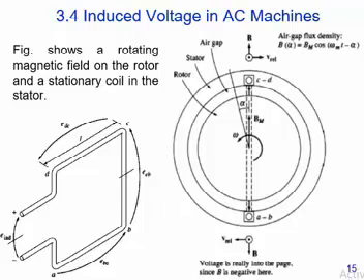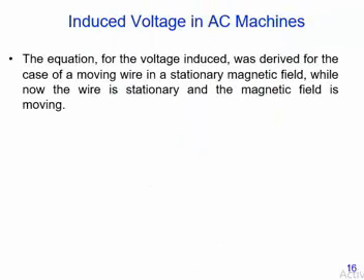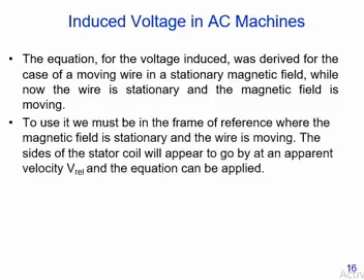In this case, we know that in the previous case we derived the equation for voltage induced for the case of a moving wire, where we had a stationary magnetic field, but now the wire is stationary while the magnetic field is moving.